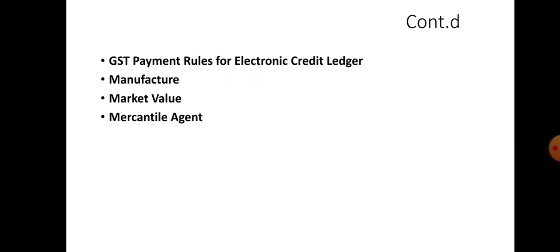Next term is market value. It is defined in Section 2 subsection 73. So it's also one of the important terms that comes under the GST Act. Market value means, first, the full amount which a recipient of a supply is required to pay.